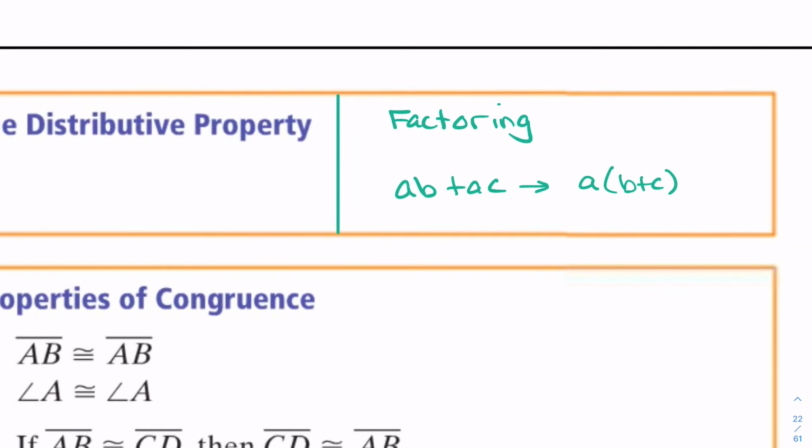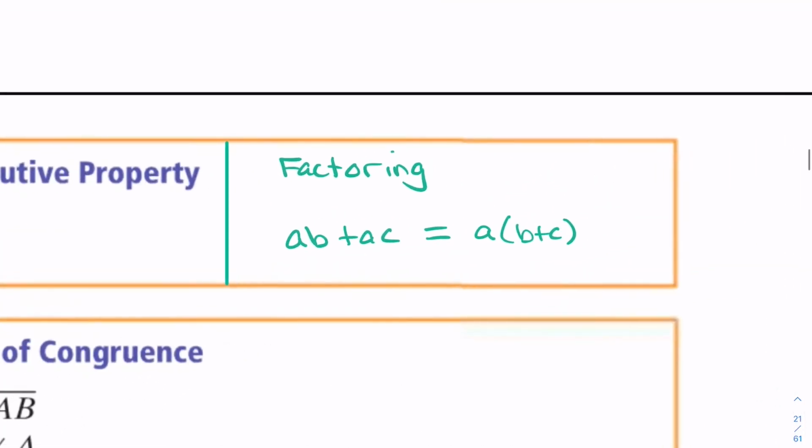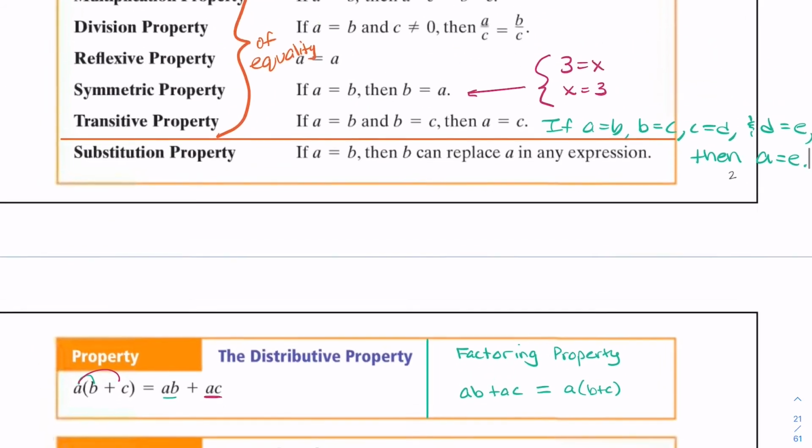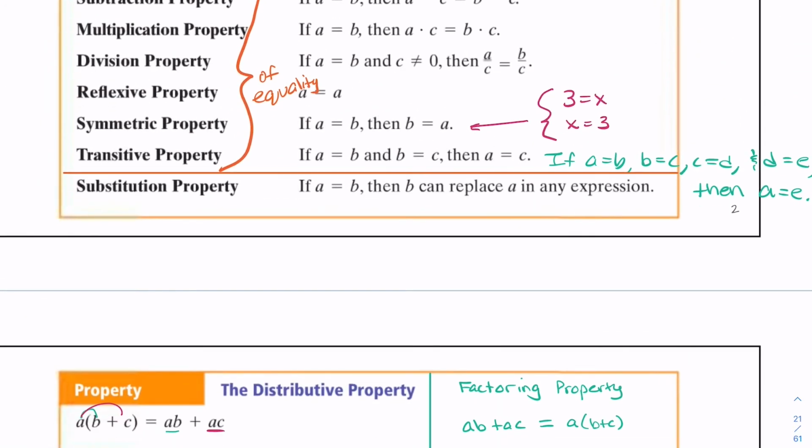Okay. Let me use an equal sign. So again, this is a factoring property. We don't really use it. And the distributive property. Oh, I don't know if it's a property. Well, let's call it a property. Okay, so those are all equality. Substitution and distributive, we do not need to say of equality.